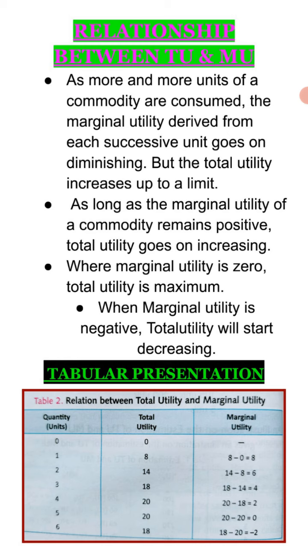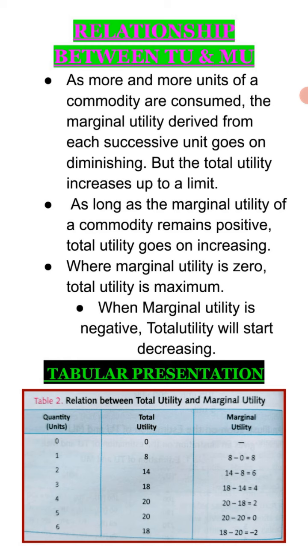The next point: where marginal utility is 0, where MU is 0, it can be seen at the 5th unit of quantity. So the value of TU will be maximum. Whenever the value of MU is 0, only then will the TU be considered maximum. So TU will be maximum at the 5th unit.